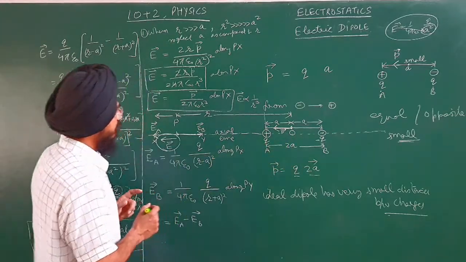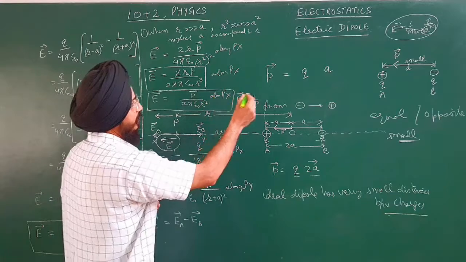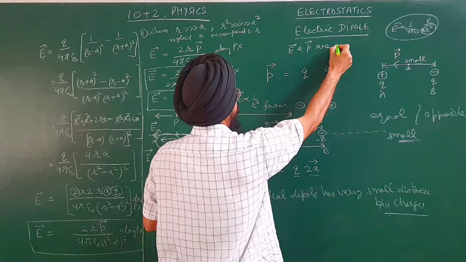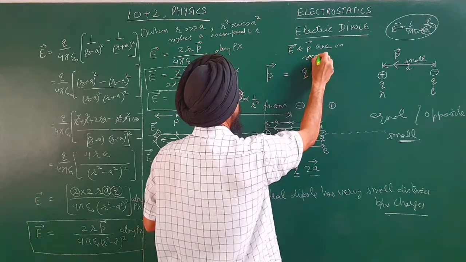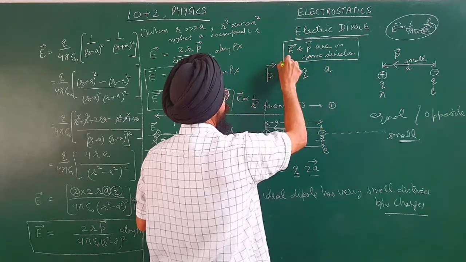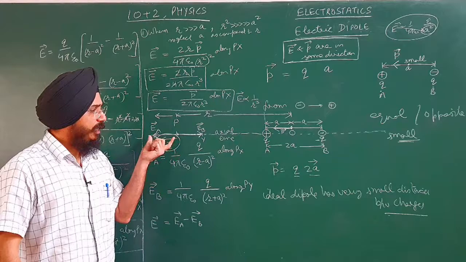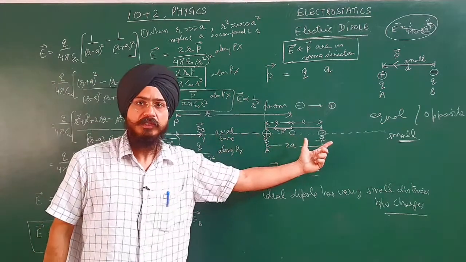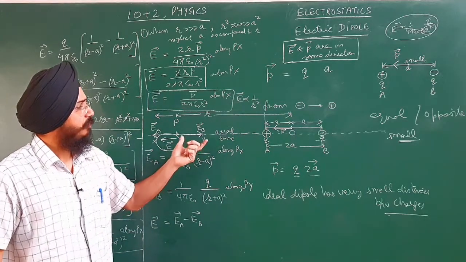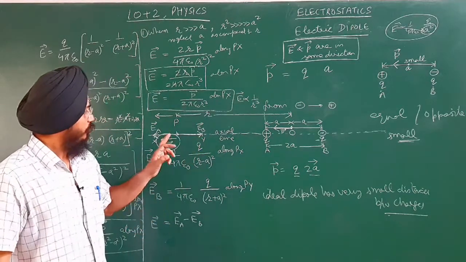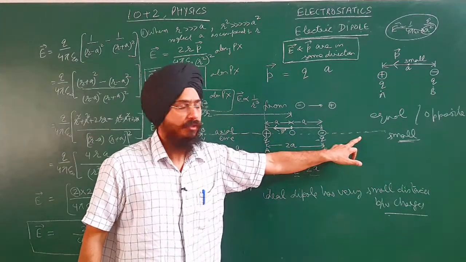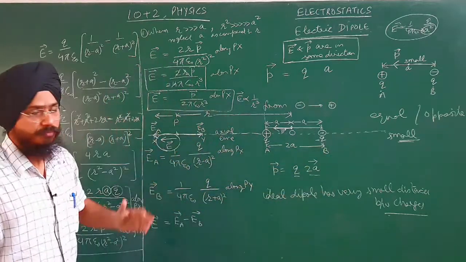It is very important to note that E and p are in the same direction when we calculate electric field at any point on the dipole axis. One thing I must tell you is that for your exercise, you can take this point P on the right side of the axial line, and this will make it more handy while tackling such problems.